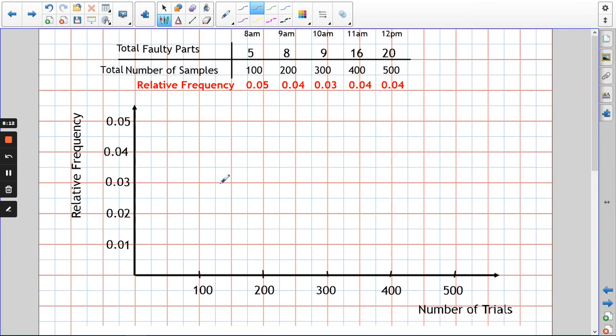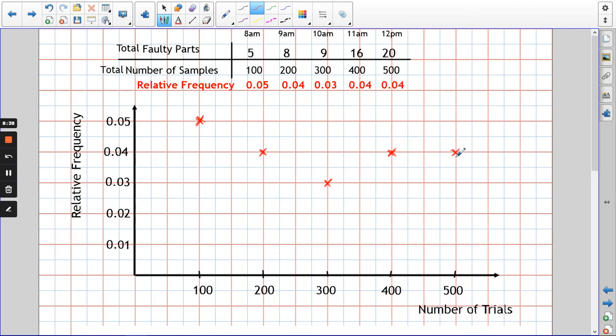So at 8 o'clock when we tested the first 100, we had a 5%, 0.05 relative frequency, the probability of getting a faulty part. By 9 o'clock we'd done 200 and that dropped to 0.04. After 300 we dropped to 0.03, but then towards the end of the morning I'm afraid the relative frequency went up.